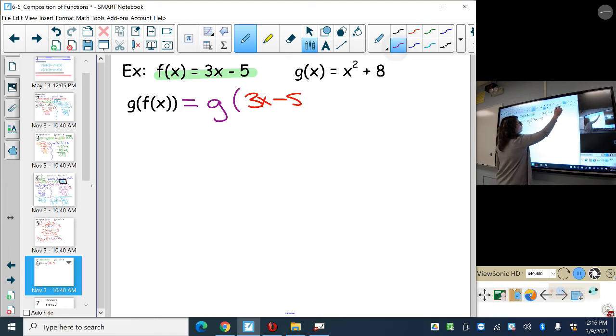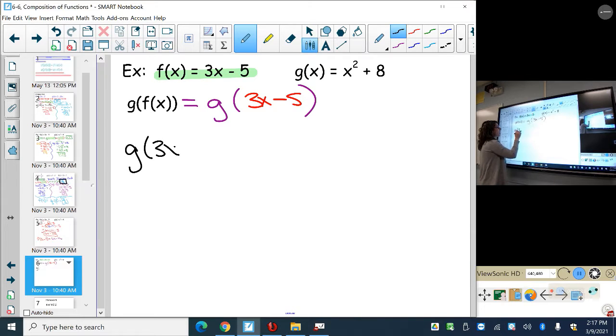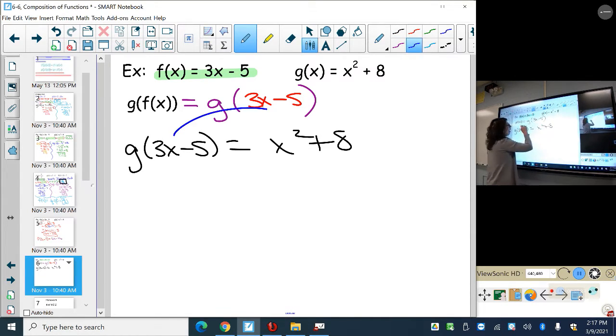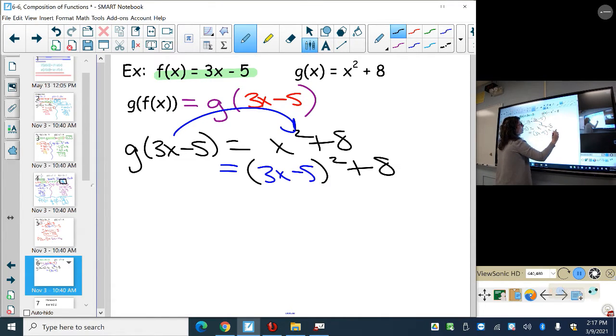So every place I see an x in the g function, the g function is defined to be x squared plus 8, I'm going to put in place of x 3x minus 5 squared plus 8.